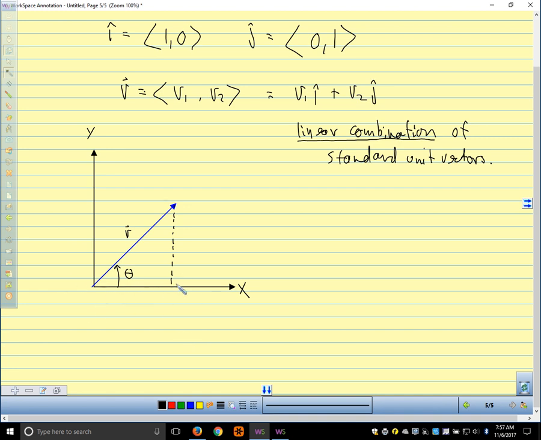The x component of this vector is going to be the magnitude of v times the cosine of theta. And the y component is going to be the magnitude of v times the sine of theta.